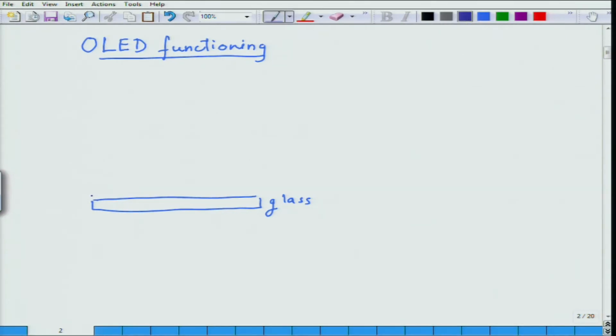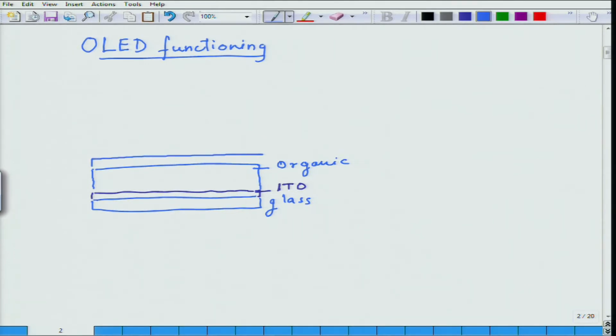You can also substitute it with some sort of plastics if needed, and then on top of this we are going to put a layer of a conducting transparent oxide as an electrode, which is typically indium tin oxide, and on top of that we are going to put our organic layer, which is generally the source of emission in this LED, and on top will be a cathode, which should be the electrode with the low work function.